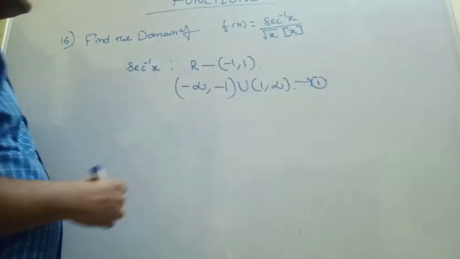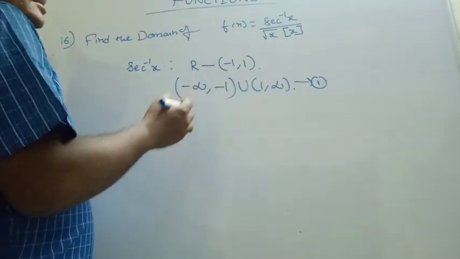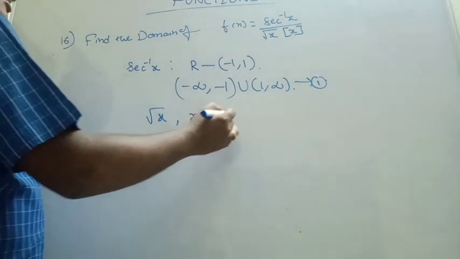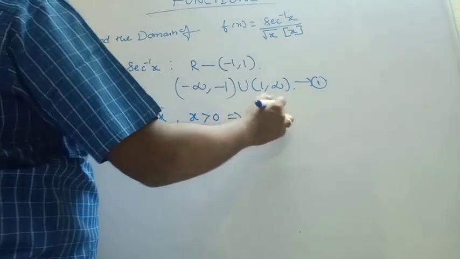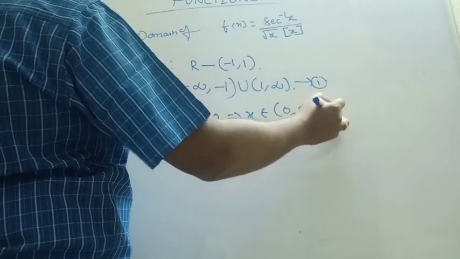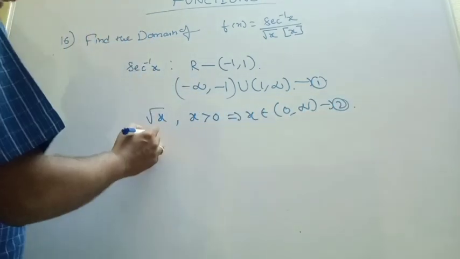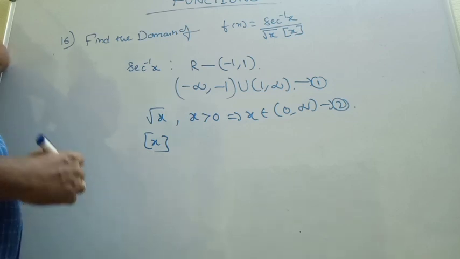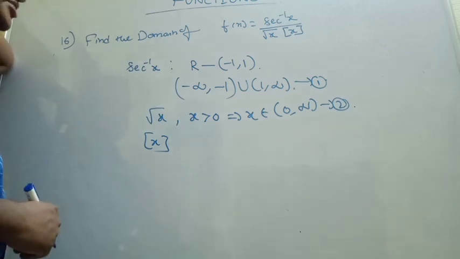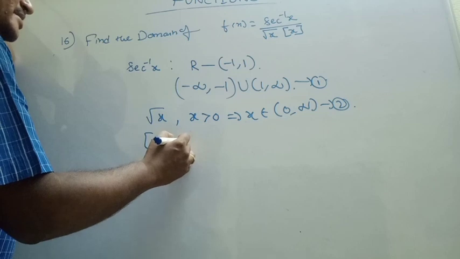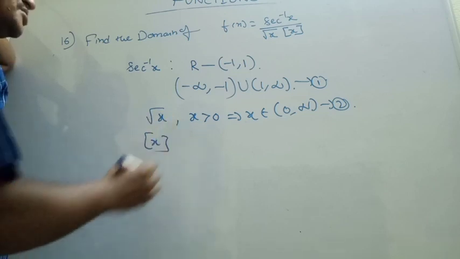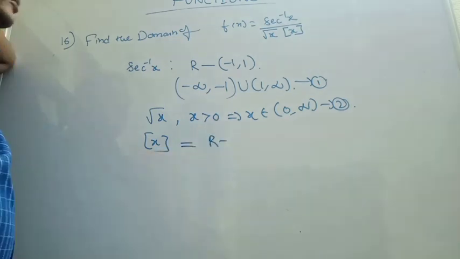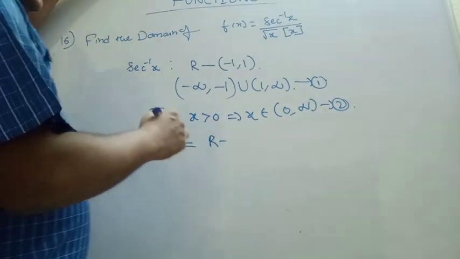And when you come to the denominator, for root x, x should be greater than 0. That means x belongs to 0 to infinity. This is number 2. And you have step x here. Under this denominator, it should not be 0, of course. That means step x should not be 0. Therefore, this is nothing but R minus the values where step x is 0.